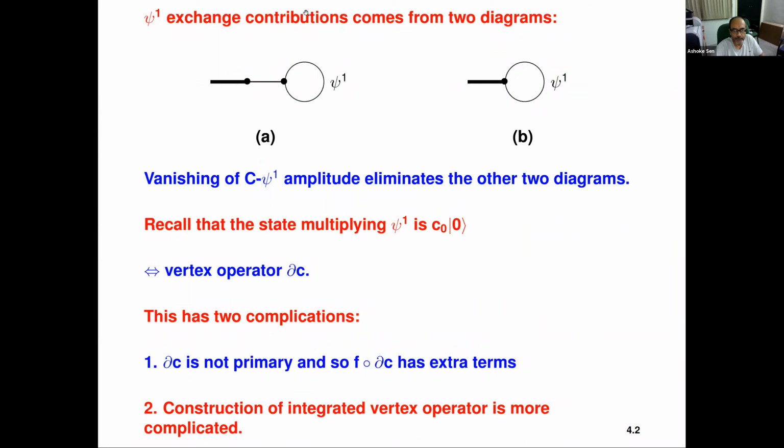And the way to compute these 2 diagrams, for example, suppose you take this one down, is that the psi1 propagator you already know, it's minus half. So you calculate the 3-point vertex of one closed string and a pair of psi1s, and then multiply it by minus half. And again, it's easier to normalize by comparing this with the tachyon exchange graph, for which you already have an answer.